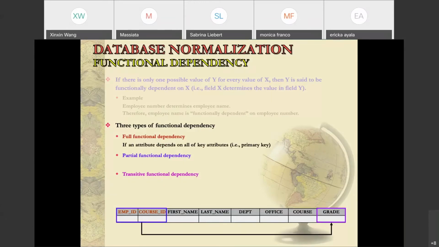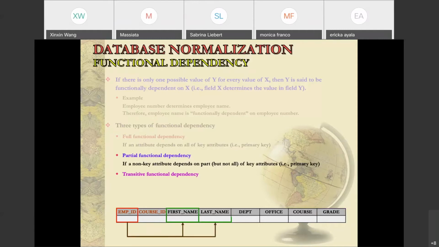So first, full functional dependency, right? If this attribute depends on all the key attributes, which means for instance, the primary key, all the key attributes, right? So this is a full functional dependency.